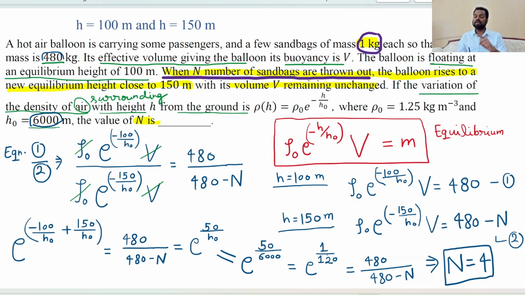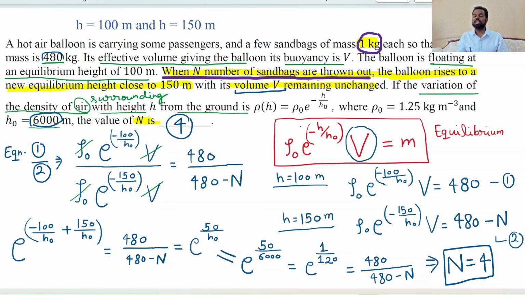E to power 1 by 120, you can plug in the calculator, and when you calculate, you will get n equal to 4. See something interesting: this does not depend on rho naught at all, because that cancels out, as long as the volume V remains unchanged.